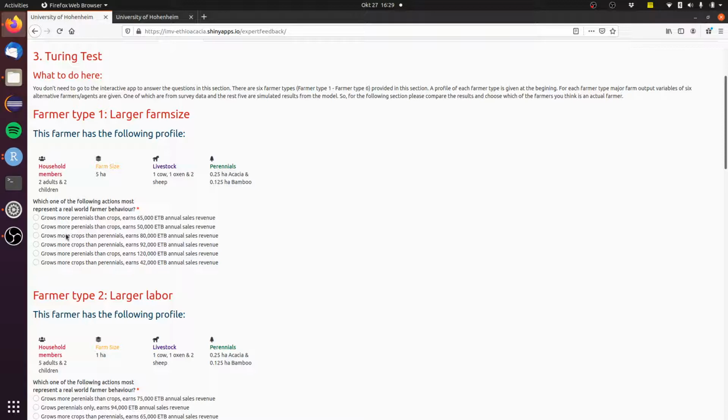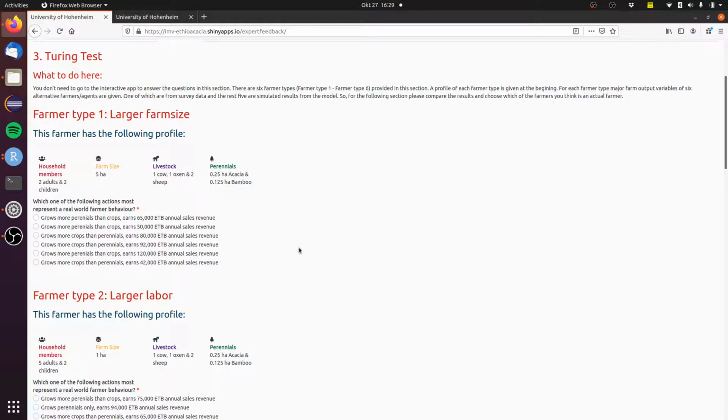It could be related because the model is simulated from the data obtained from the farmer. So from the 6 alternatives, you are asked to identify which one of these 6 options is the real farmer. The other 5 are simulated from the model.